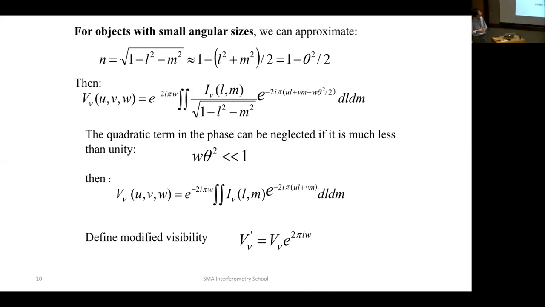Then you have another term, w theta squared divided by 2, which depends on l and m. If your object is small, then w times theta squared is much less than 1, so you can ignore this term and those terms here. Then you can rewrite this relation so that the visibility function is a two-dimensional Fourier transform in u and v of the specific intensity of your astronomical object.